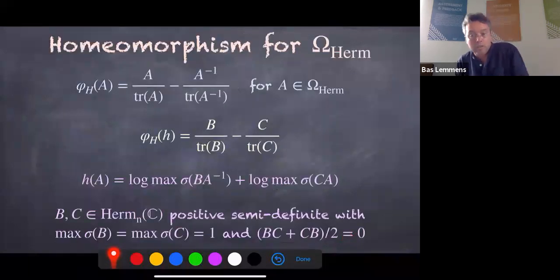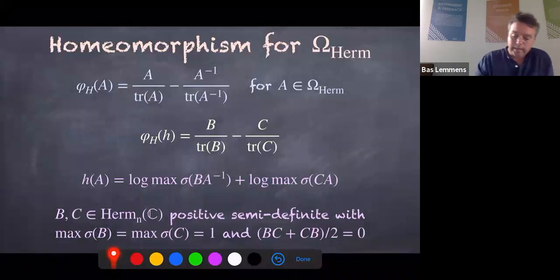Now the homeomorphism looks as follows. My homeomorphism is phi h here. Take any element A in the interior of our metric space, then we map A to A over the trace of A minus A inverse over the trace of A inverse.